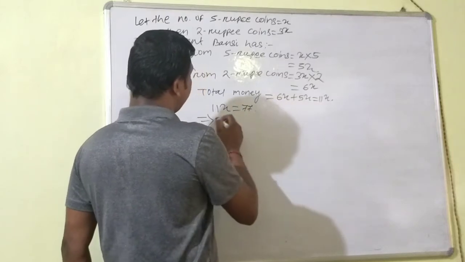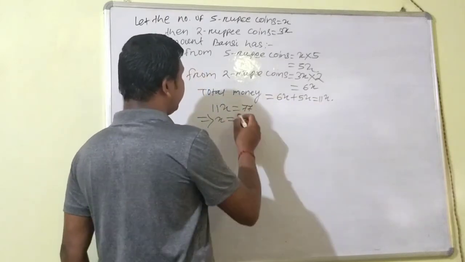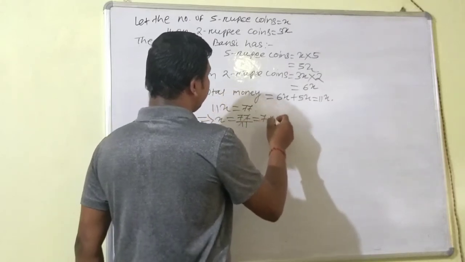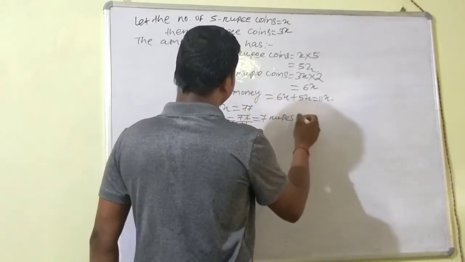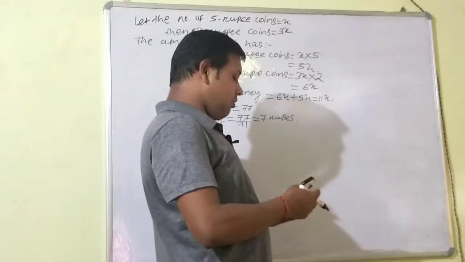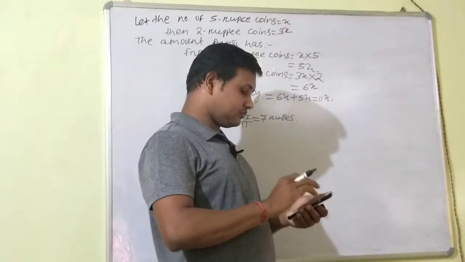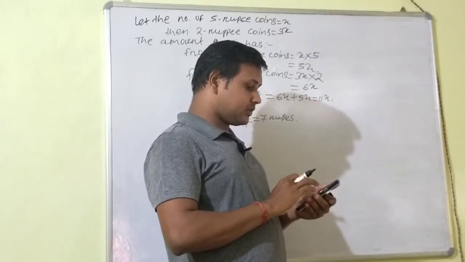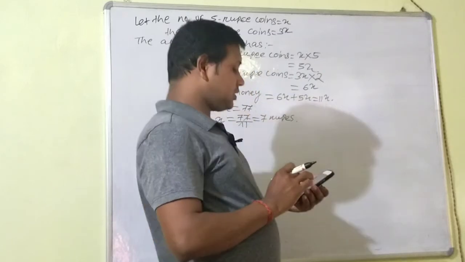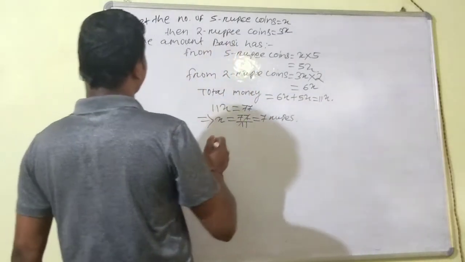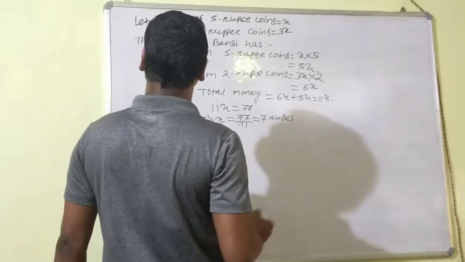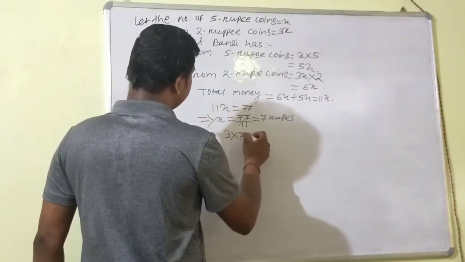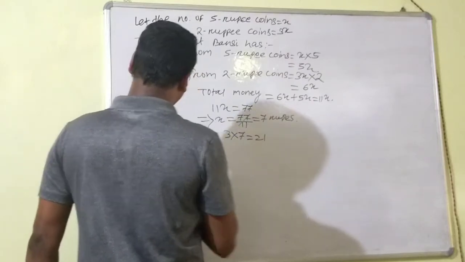So we'll find out x by dividing 77 by 11, that is 7. Okay. So question is given, then how many coins of each of the denomination does he have? Then number of 5 rupee coins is 7 and number of 2 rupee coins, that is 3x, 3 into 7, 21.